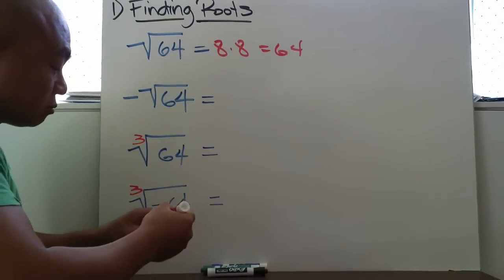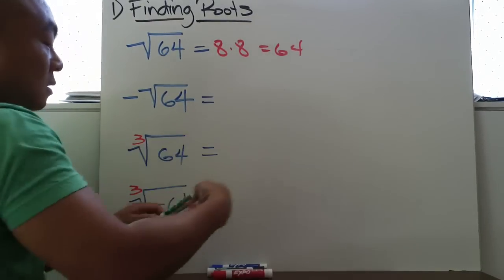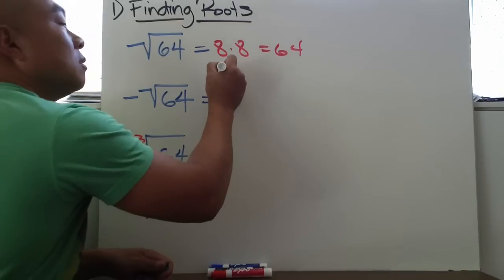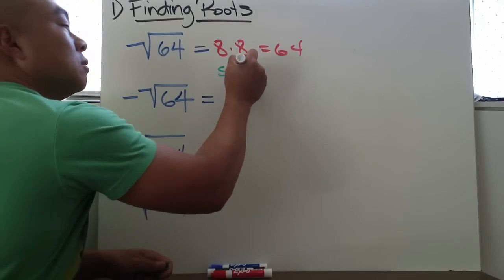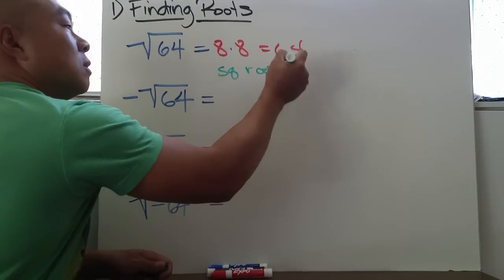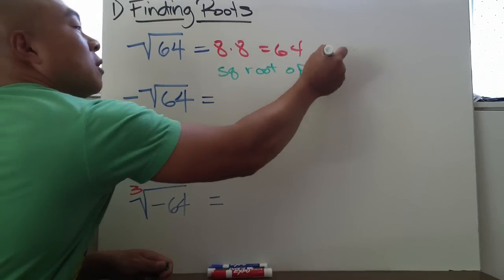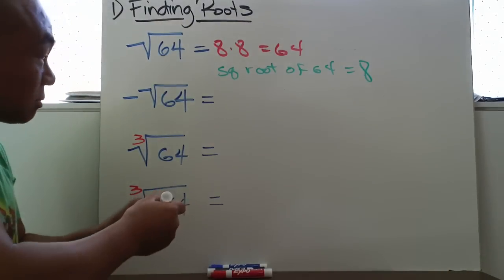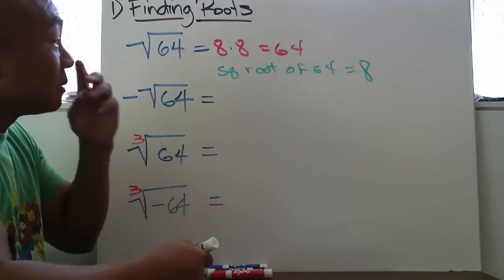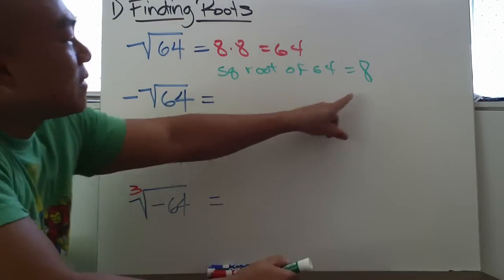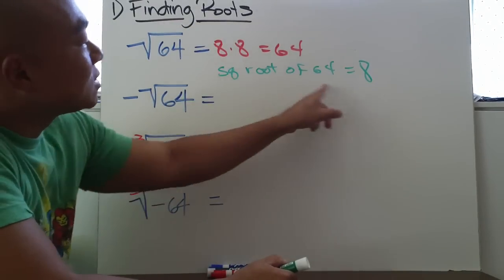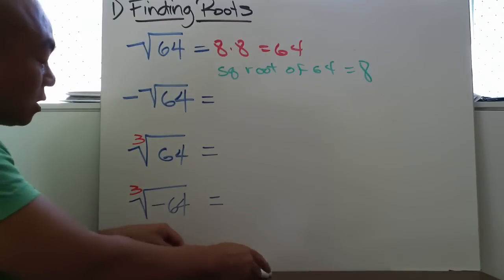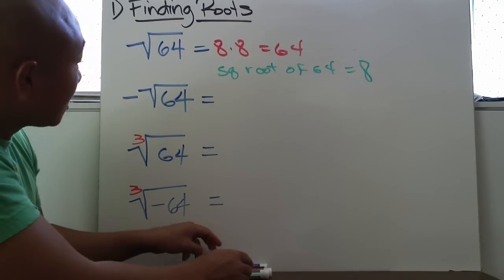So the square root of 64 is 8. Now we're not going to write this every single time. I'm just doing it so that you know that just one of the 8's is the square root of 64.